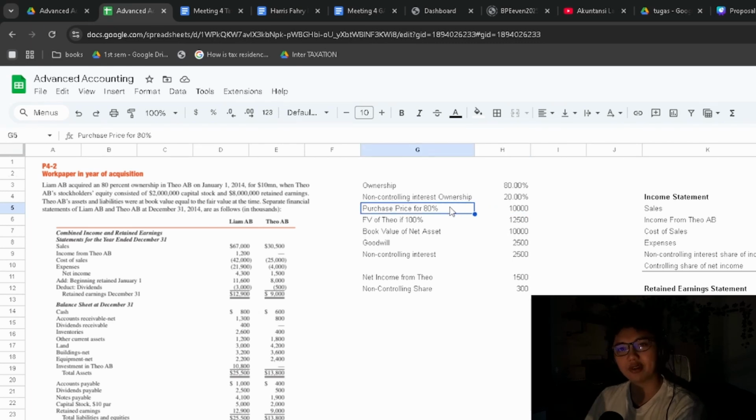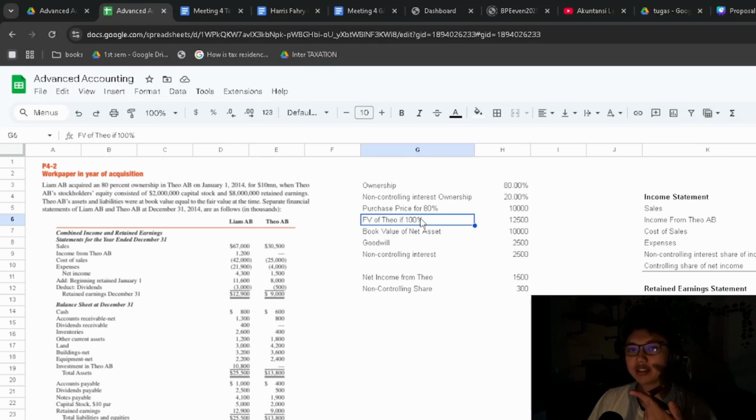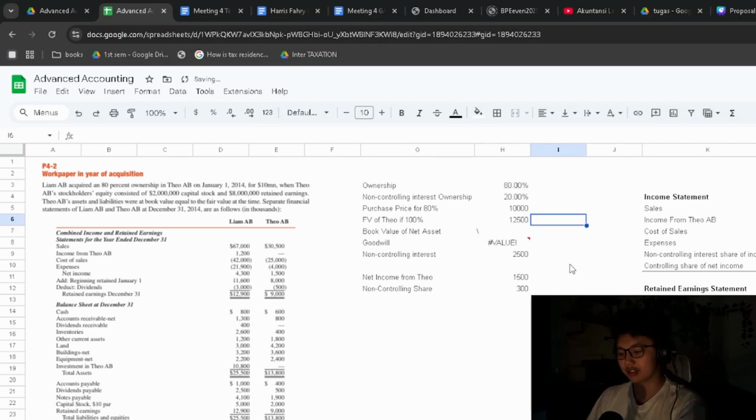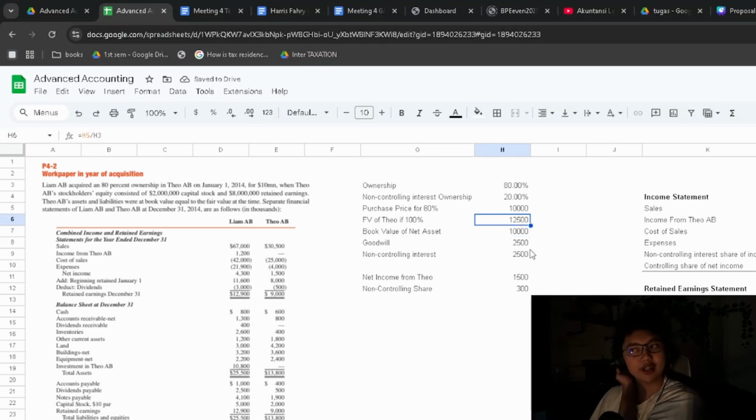Just like before, here we want to calculate the goodwill. And if we want to do that, we have to find the 100%. So what if the ownership is 100%, not 80%? Then we can just divide this by this, and we should get 12,500.